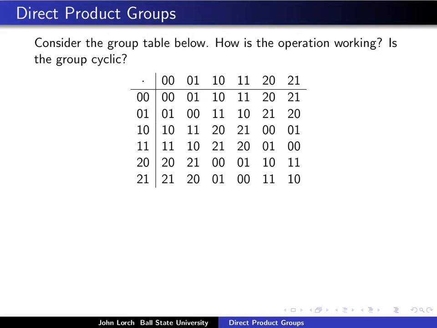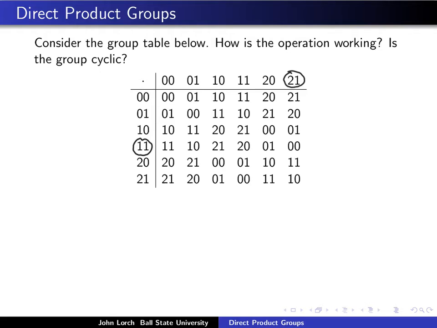So regarding the first question, let's take a look at a couple of elements in the group. Let's suppose we look at (1,1) and (2,1), for instance, and we want to combine them together using the operation.